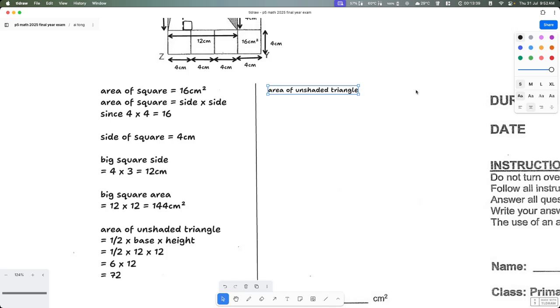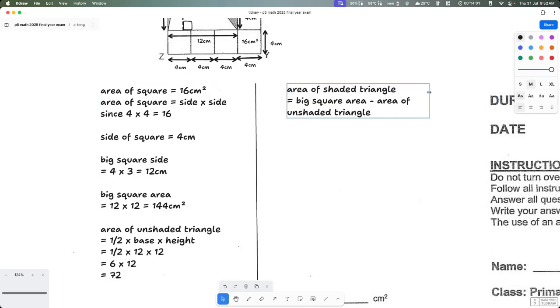In this case, we just take the big square area minus the area of the unshaded triangle, which is equal to 144 minus 72, and this is actually 72 centimeters squared as well. And that's it. That's the answer.